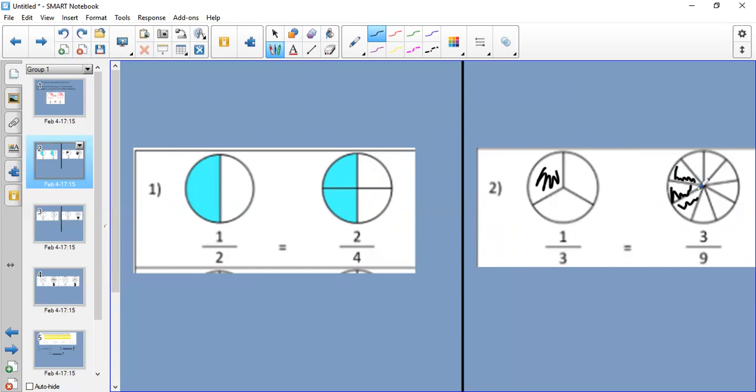And actually, if you have a look at the two of them, you can see that they are the same value. The chunks look the same. The parts look the same. And if I was to do 1 times 3, the answer would be 3. 3 times 3 is equal to 9. 3 divided by 3 is 1. 9 divided by 3 is 3, which is a third. So these shapes and these fractions are equivalent to each other.